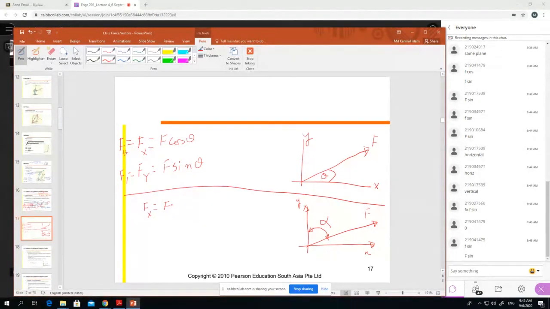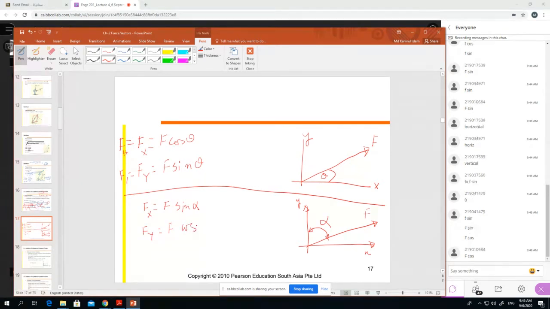F sine alpha. And Fy will be F cos alpha. This is the correct answer.